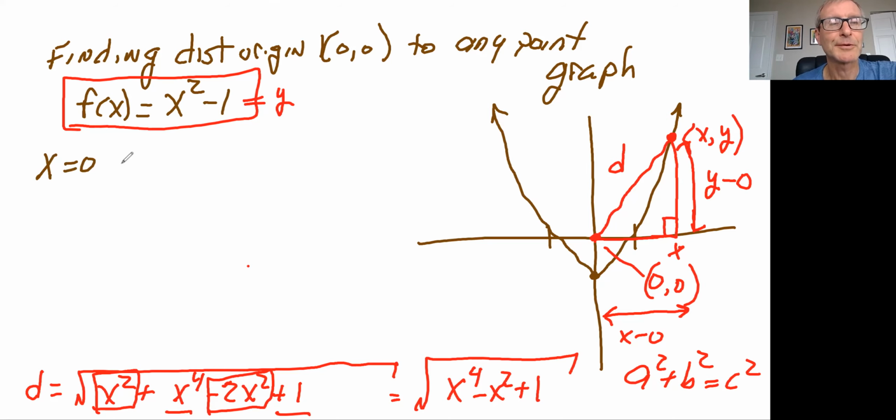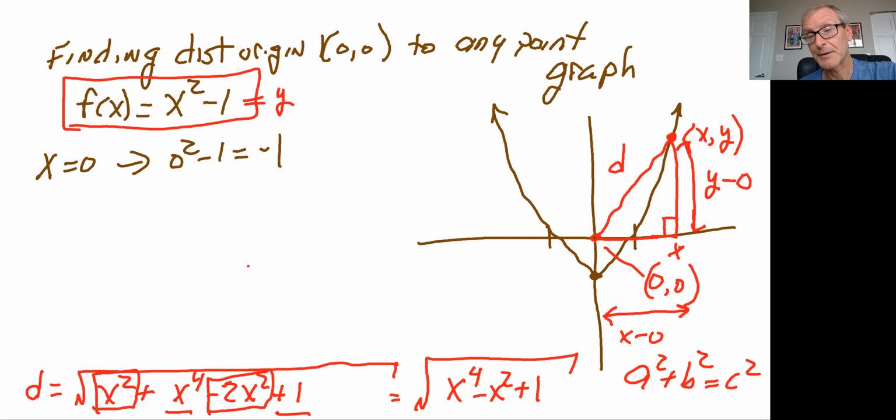So when x equals 0, what does y equal? Well, that would be 0 squared minus 1, so it would be minus 1. So where would you be? You'd be right down here. The distance from the origin to that point should be 1, because we're just moving one step down.